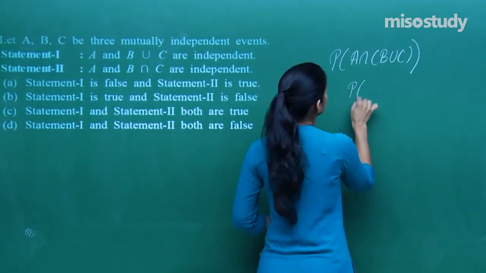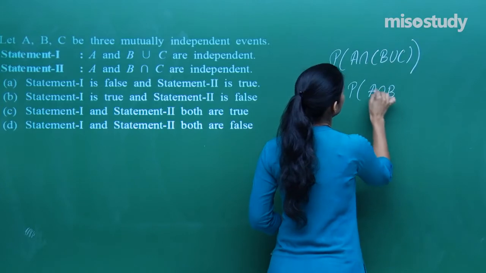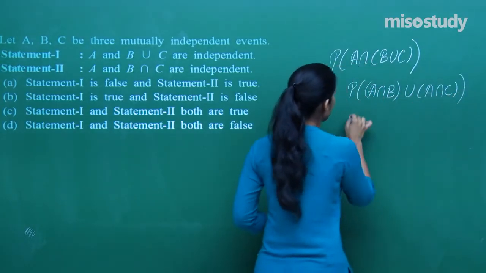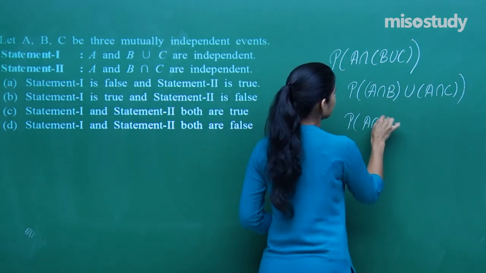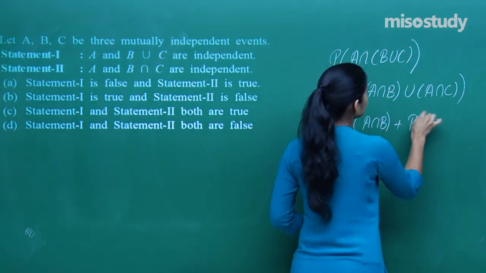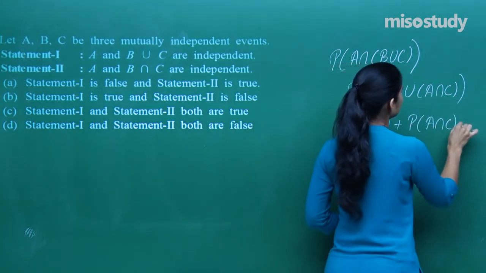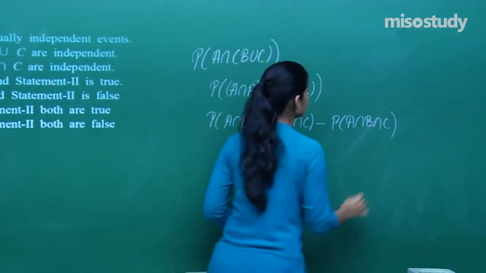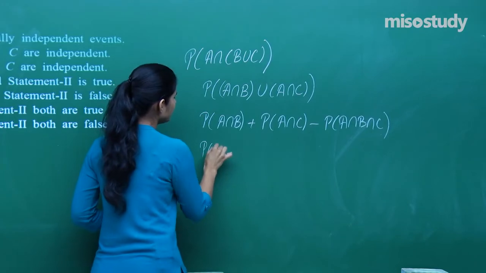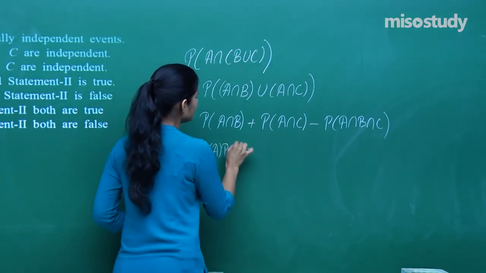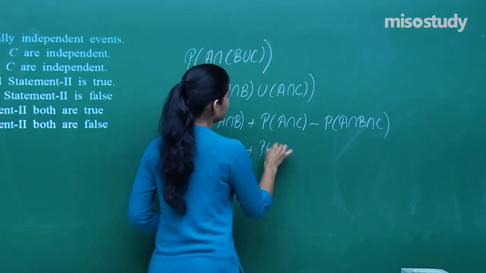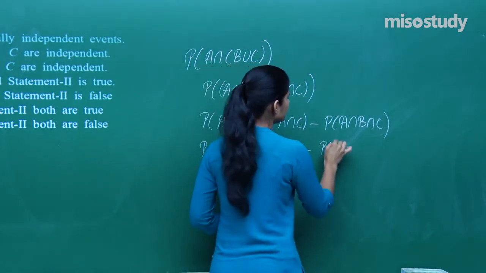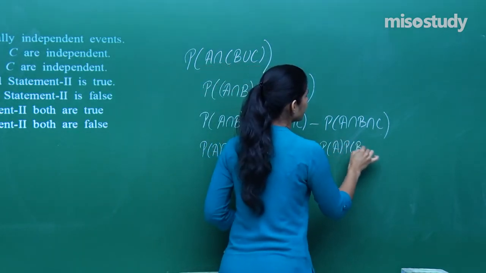See, this is probability of A intersection B union A intersection C. This can be written as probability of A intersection B, you know the formula, plus probability of A intersection C minus probability of A intersection B intersection C. A and B are independent, so this is probability of A into probability of B plus probability of A into probability of C minus probability of A, probability of B, probability of C.